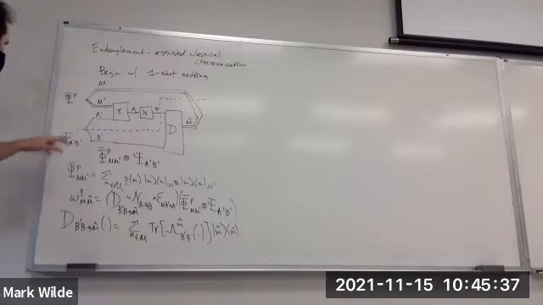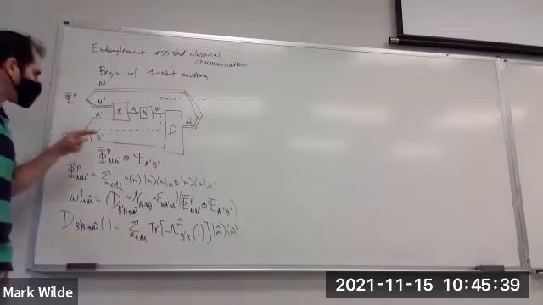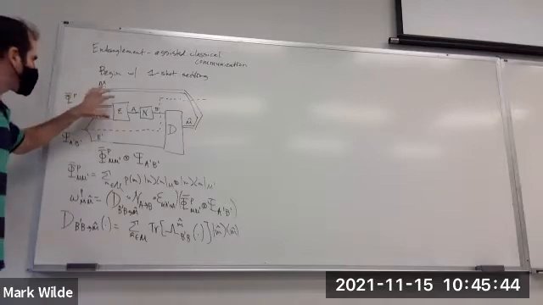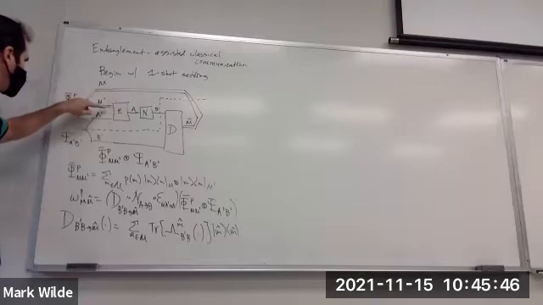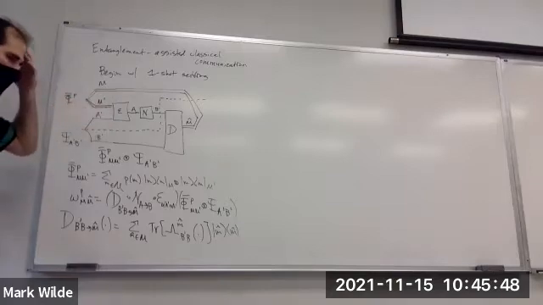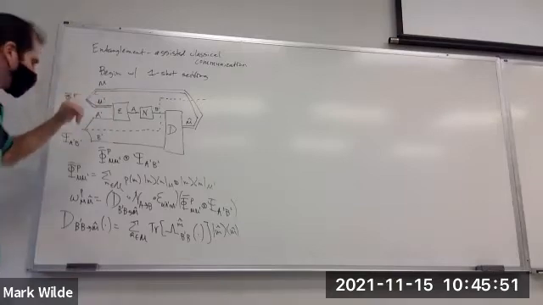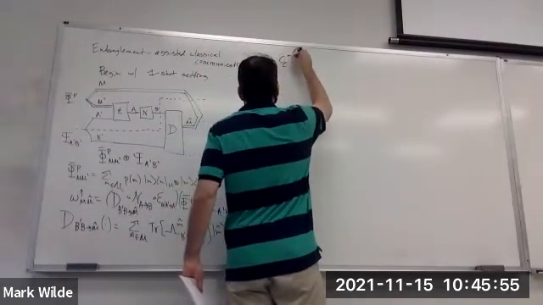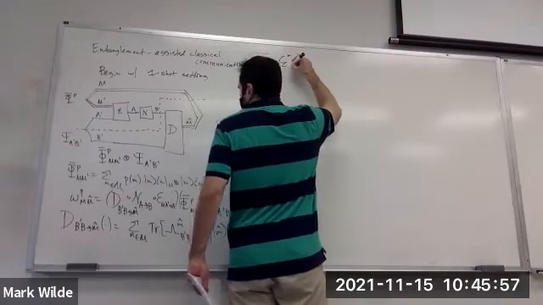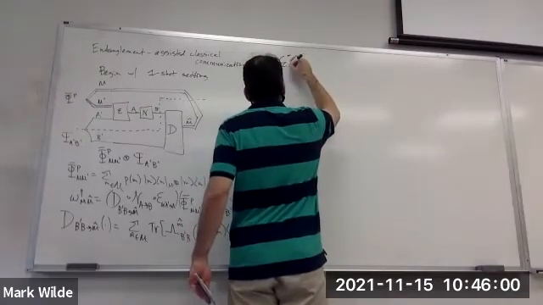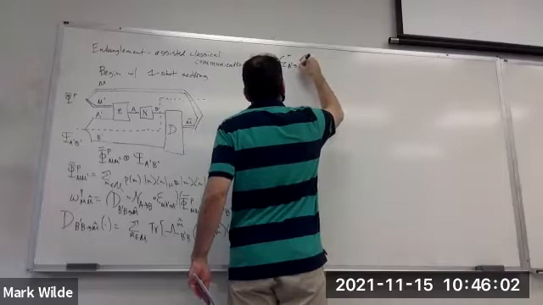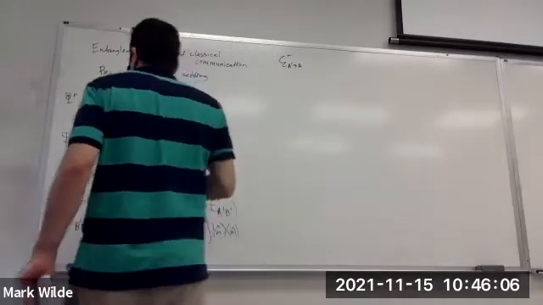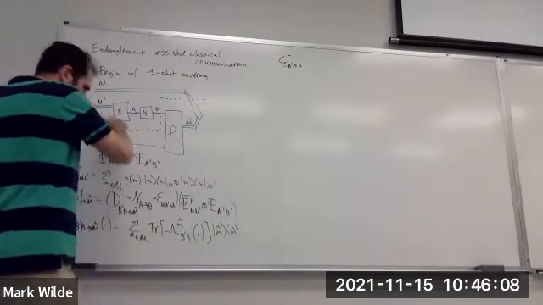We can also define for each message an encoding channel. Previously, we defined an encoder that acts on a classical system and a quantum system, but now we can just do it in the serial time. So we can say that E superscript m, little m, is acting on this quantum system, the share of the entanglement.